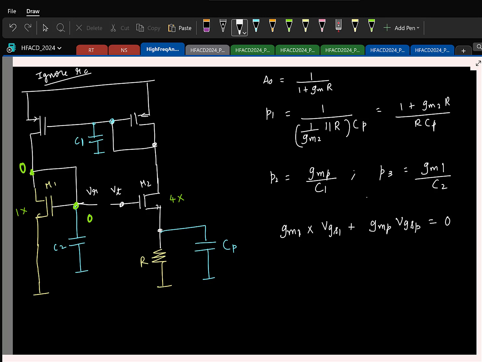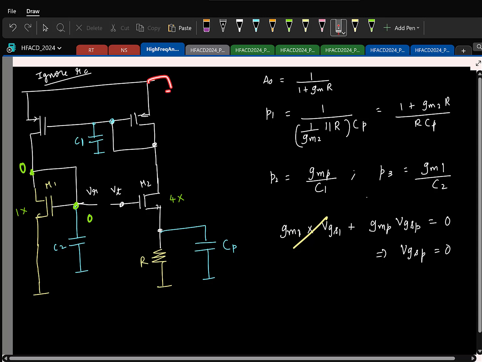For the NMOS, the gate is already ground and the source is ground, so this is 0. What do you infer about the PMOS? VGS of the PMOS must also be 0, since the source is incrementally ground.